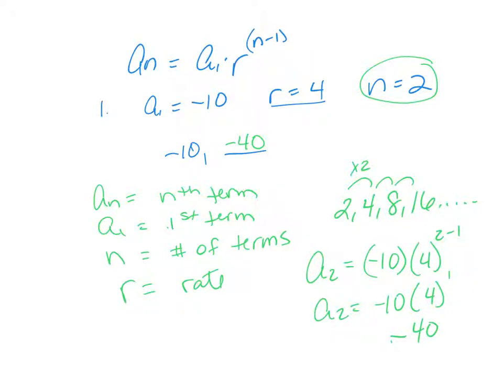Let's do one from the bottom section now. On the bottom section, they want us to find an equation for the nth term given the series. So we have 500, 350, 245, ... So here we know a1.